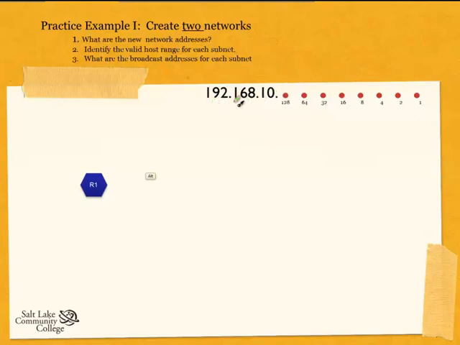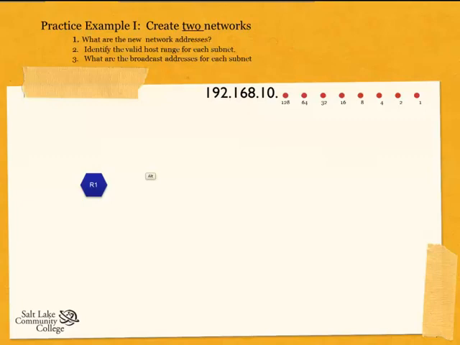The mask is 255.255.255.0, and I've broken out the last octet and the 8 bits and their corresponding values. So we're going to have to borrow bits from this host portion and tell the system that we've done that and create our multiple networks.